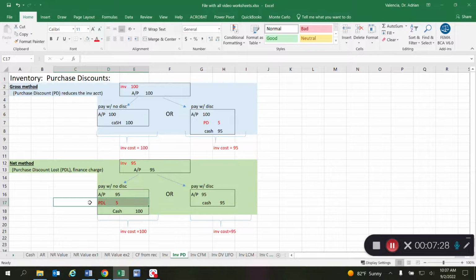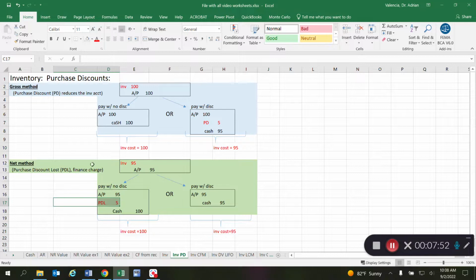If you're doing a report, you might do it on a percentage basis. What is PDL over AP? That gives you a ratio of how large or how often you're using this. Or if you're using this angle, then you go purchase discounts over AP, and you want this ratio to be larger, whereas you want this ratio to be lower. So it just depends on your preference.